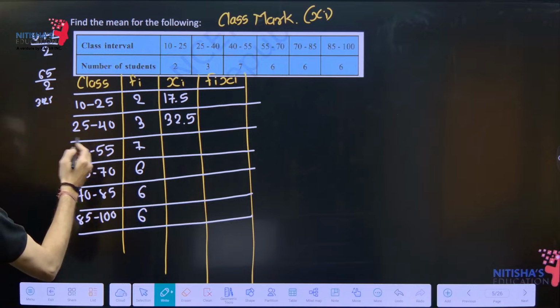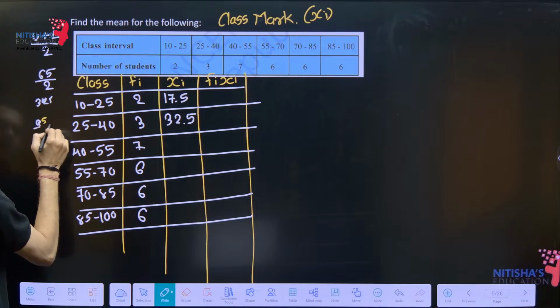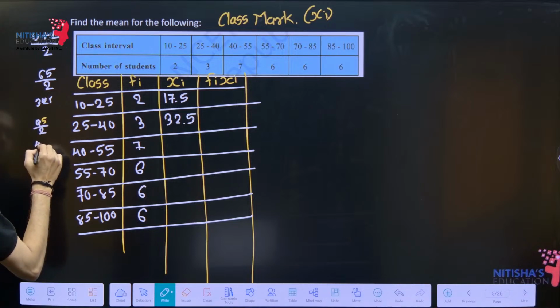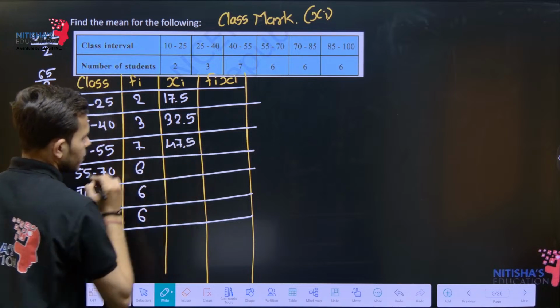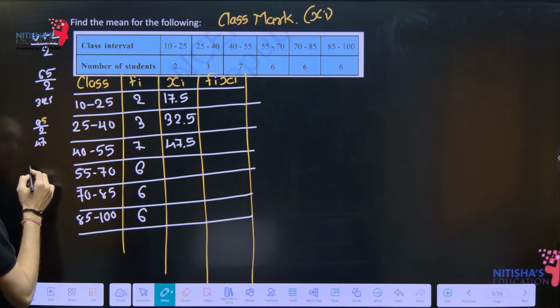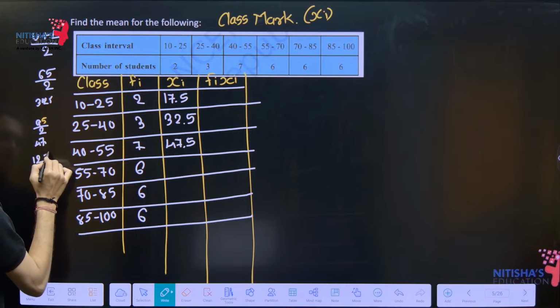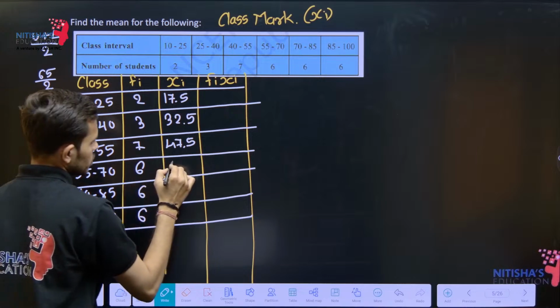Next, 40 plus 55 is 95, divided by 2 is 47.5. Next, 55 plus 70 is 125, divided by 2 is 62.5.